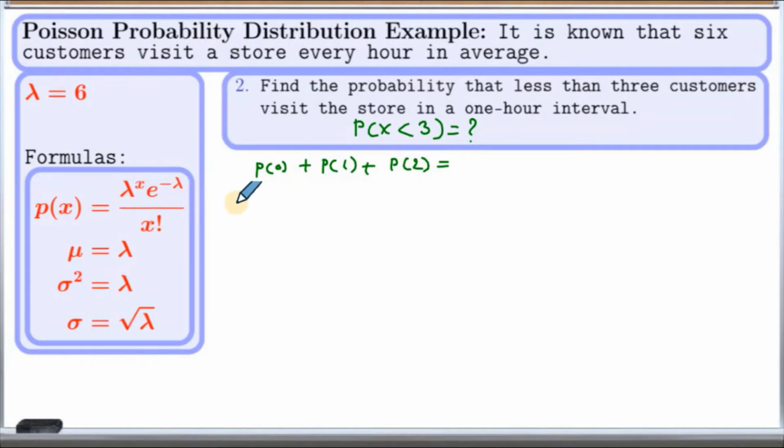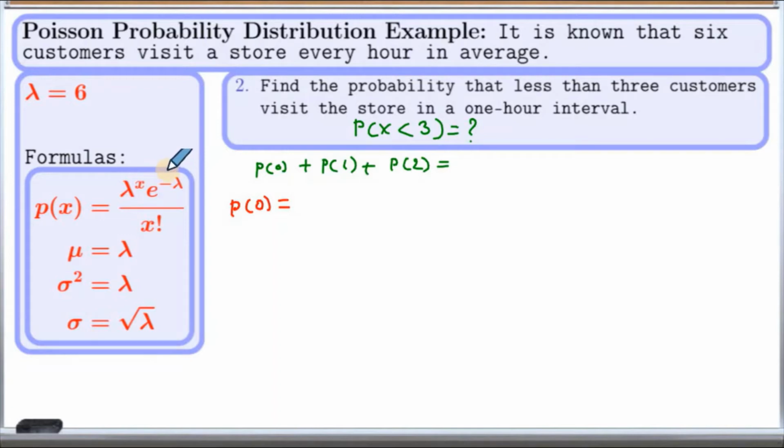So first, let's find probability of 0. For that, we know lambda is 6. And to find probability of 0, our x is 0.